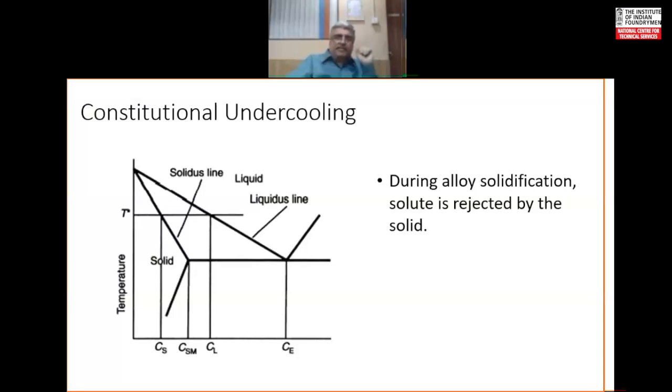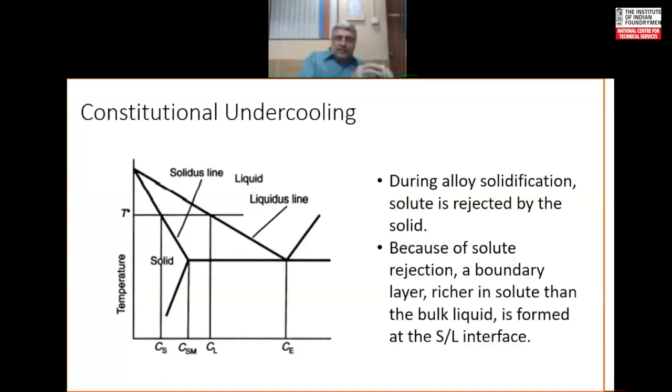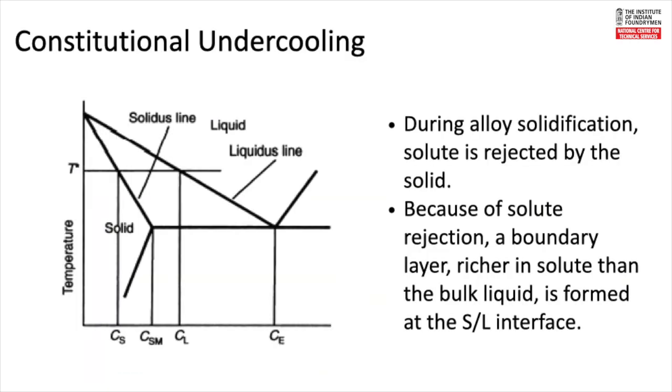So if we have this particular composition Cl, the initial solid will have Cs as the amount of C in it, which is lower than Cl. As the solid comes out, excess C is getting released into the melt which is remaining there.